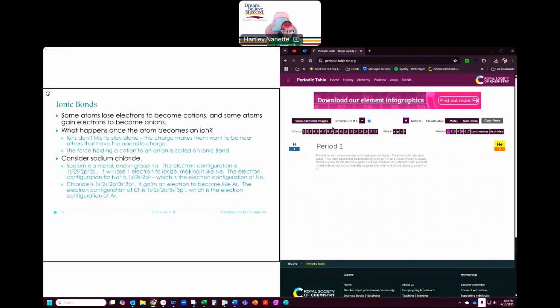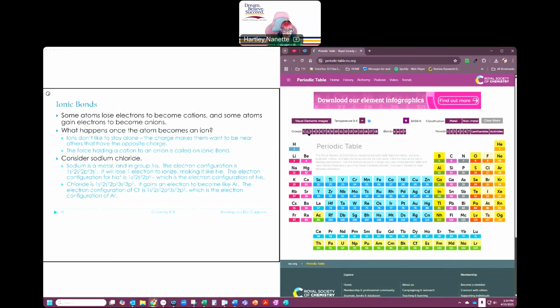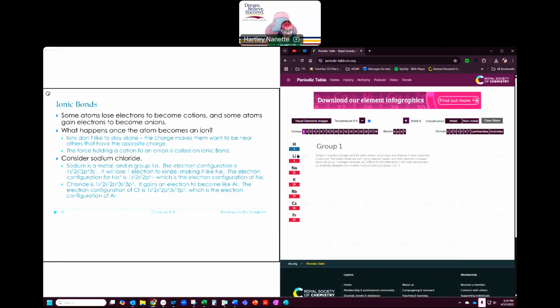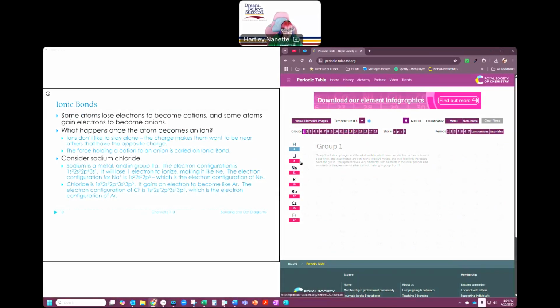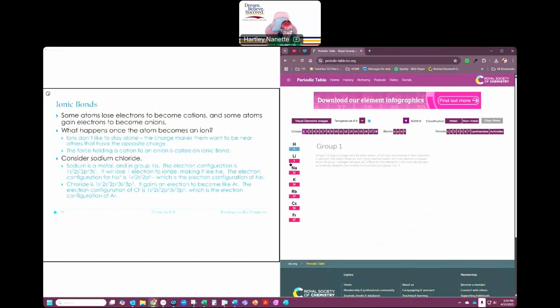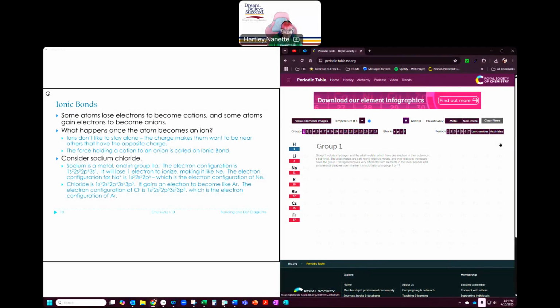Some things are able to lose or gain electrons, like these guys in the first group. We lose 1 electron, most of us, so that we can become like the nearest noble gas. And so we're +1 when we lose 1 electron. Lithium can lose 1 to be like helium, or sodium can lose 1 to be like neon.